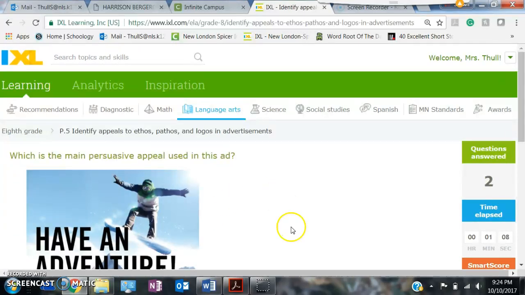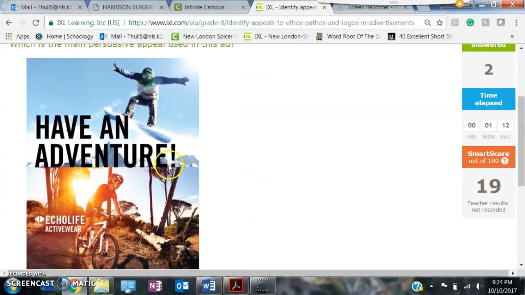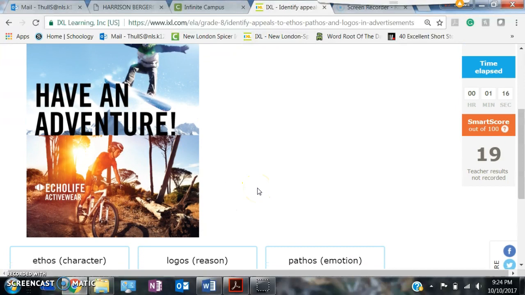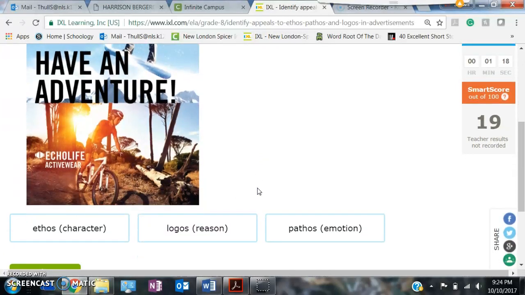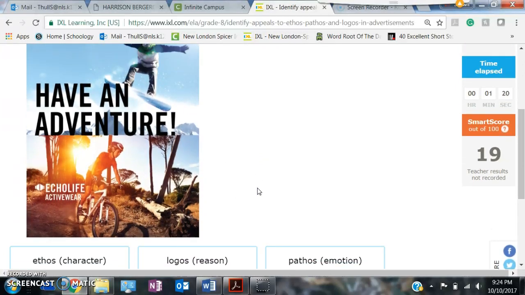Again, hopefully I'm right. Okay. What is the main persuasive appeal used in this ad? Have an adventure. Eco Life Activewear. Okay. So this one, there isn't really an expert, or like we're not trusting that anything is special about this ad. There isn't somebody famous that's in it.